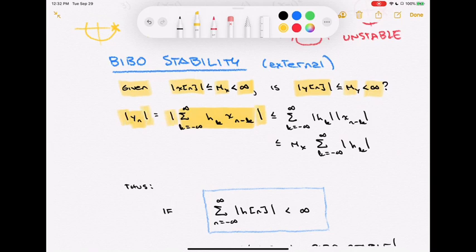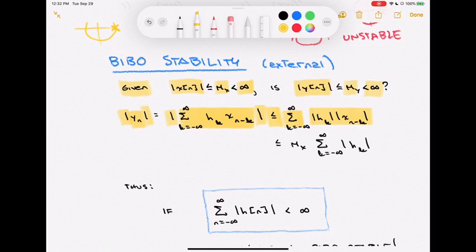So the magnitude of y[n] is the magnitude of the sum on k, going from minus infinity to infinity, of h[k] x[n minus k]. A magnitude of a sum is always less than or equal to the sum of the magnitudes. That's the triangle inequality, same game that we played back in chapter 2. So I know this whole thing is less than or equal to the sum of the magnitude of a product, which is just the product of the magnitudes: magnitude h times magnitude x[n minus k].